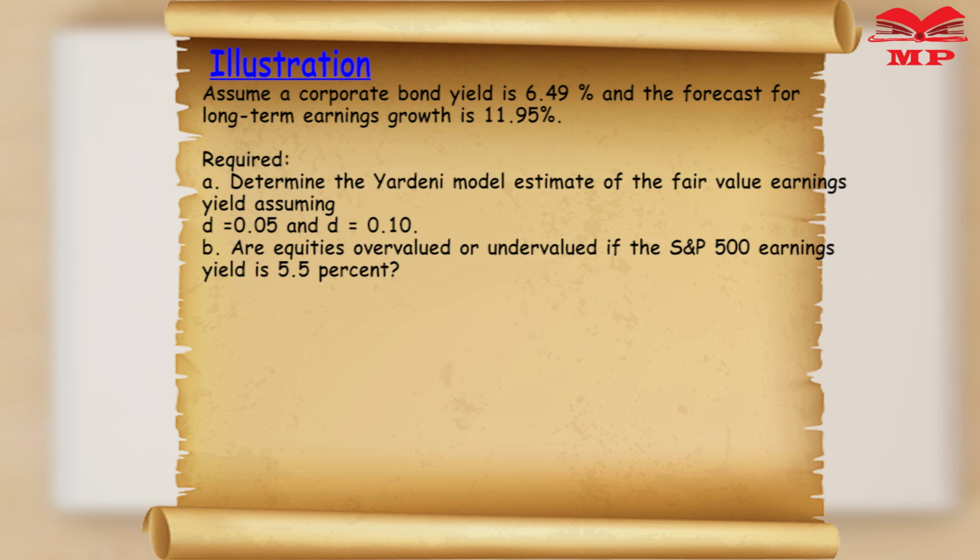Required, A, determine the Yardeni model estimate of the fair value earnings yield assuming D is 0.05 and D is 0.10. B, are equities overvalued or undervalued if the S&P 500 earnings yield is 5.5%? That's the question.